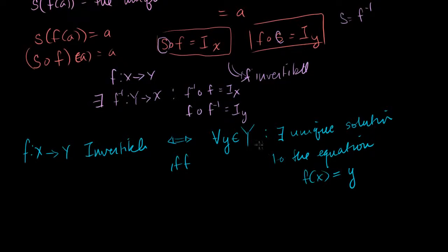So that was our big takeaway in this video: that invertibility of a function implies there's a unique solution to this equation for any y that's in the codomain of our function.